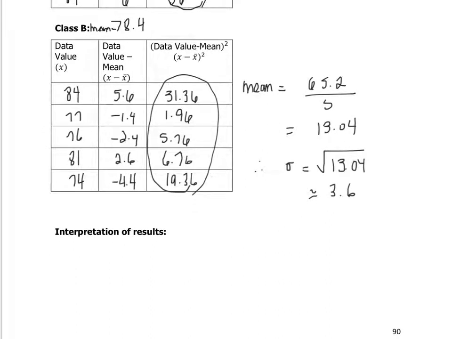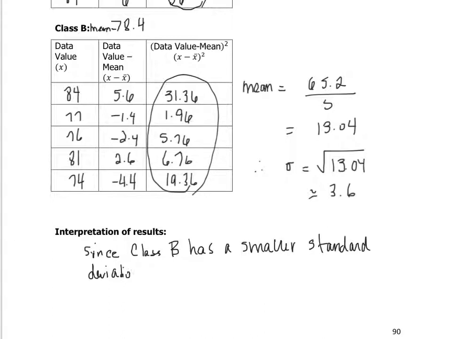So our interpretation of the results would be that since Class B has a smaller standard deviation, Class B's results are more consistent than Class A's.